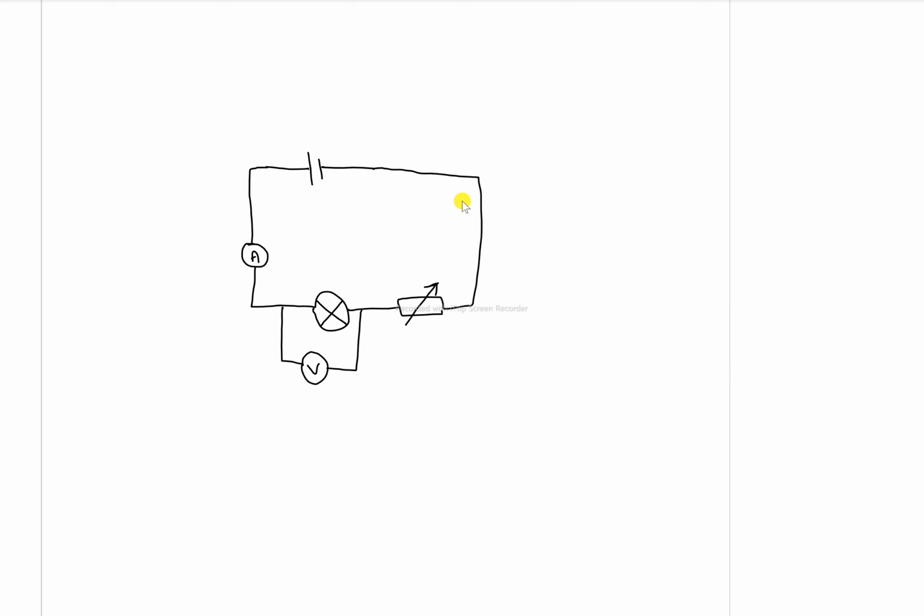So remember the ammeter is in series, the voltmeter is in parallel. So let me get this right. This is your power source. So just say this is your battery. Right.